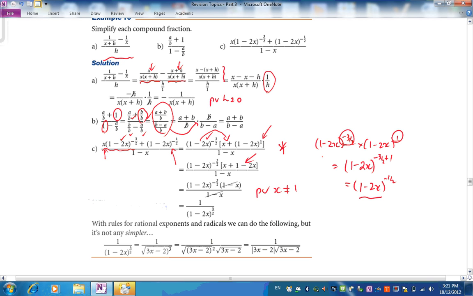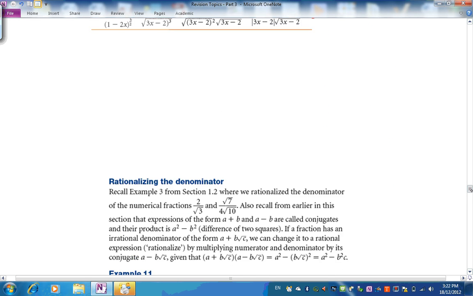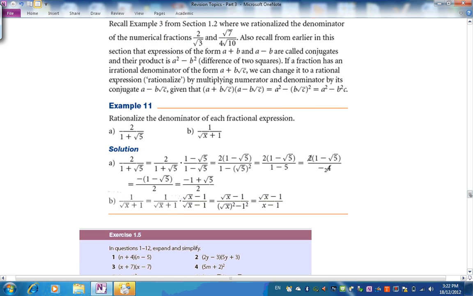We can do a few other things here with the denominator. But we won't do that for the minute. It doesn't lead anywhere, and we are going to do things with square roots in bottom lines with irrational denominators very shortly.